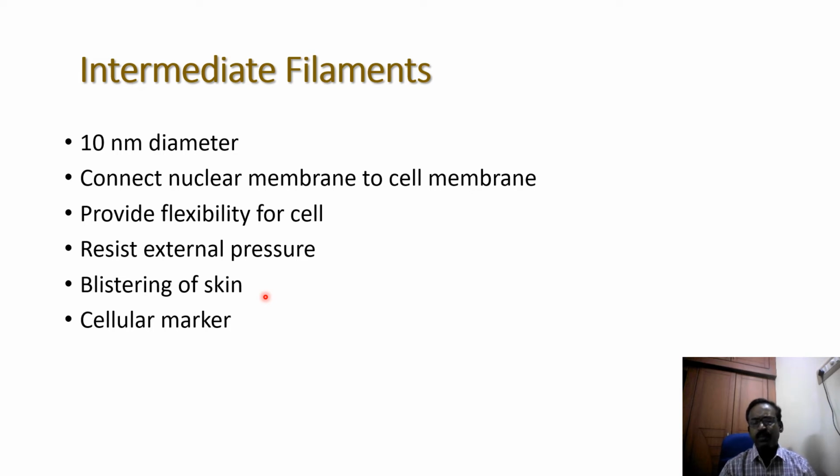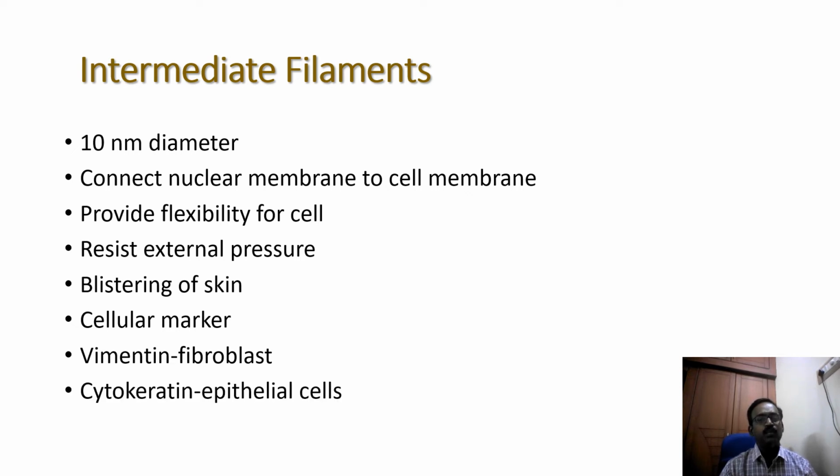The intermediate filament proteins are cell type specific, so the intermediate filament acts as a cellular marker. For example, vimentin is the important intermediate filament for fibroblasts, and keratin is expressed in epithelial cells.